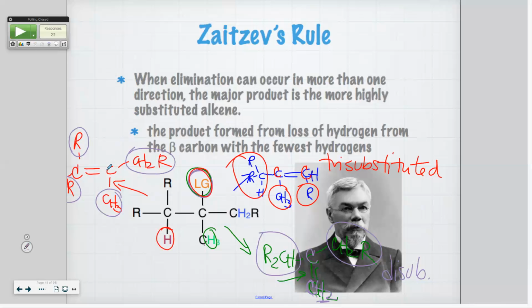What is the beta carbon? When you look at the carbon that has a leaving group, this is considered alpha. All the carbons that are next to that are beta. If you have a carbon over here, it would be gamma. Do we know our Greek alphabet? All you have to know is alpha, beta, gamma, delta, epsilon.